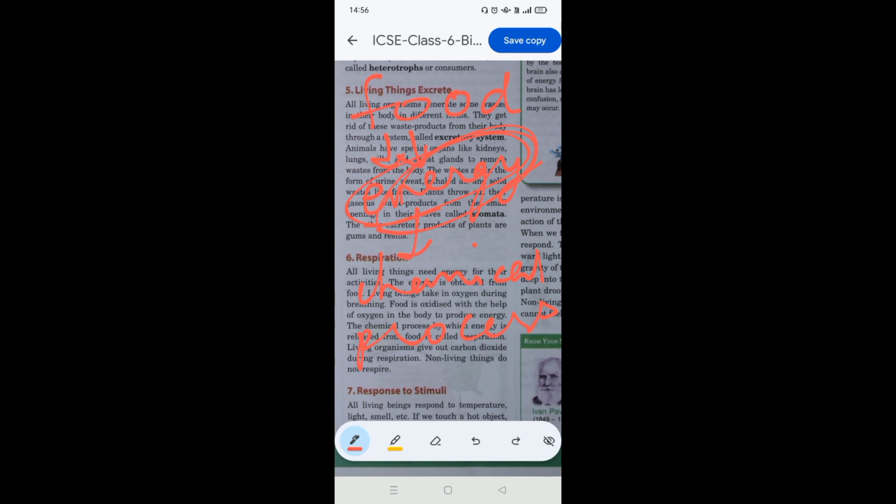So while respiring, we intake O2, that is oxygen.